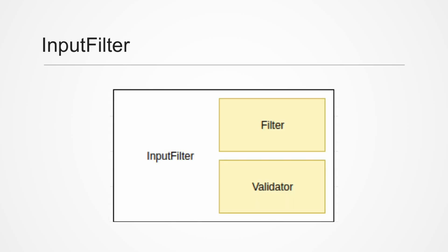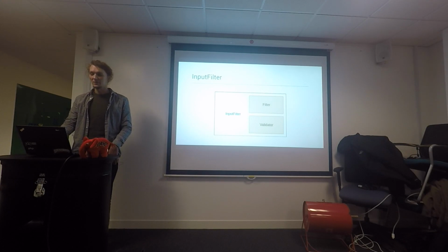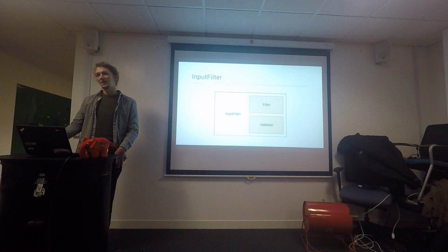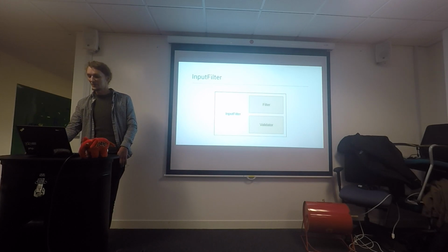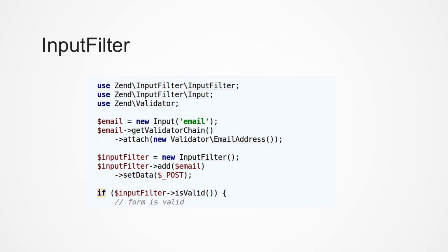The input filter. I mentioned filters and validators. So every element has its own input filter, which consists of filter and elements. There will be an example of a filter, so you will see more what I mean by that.